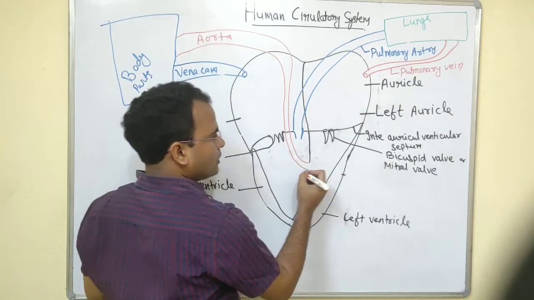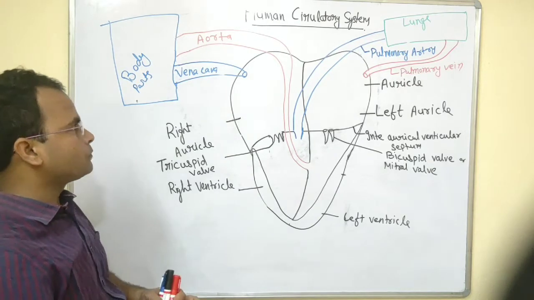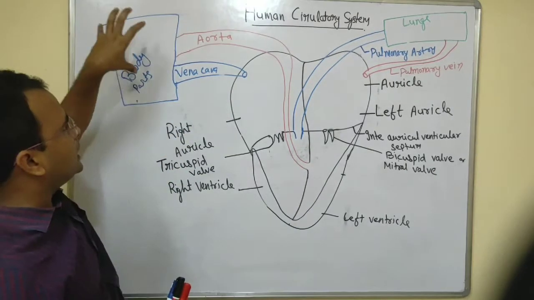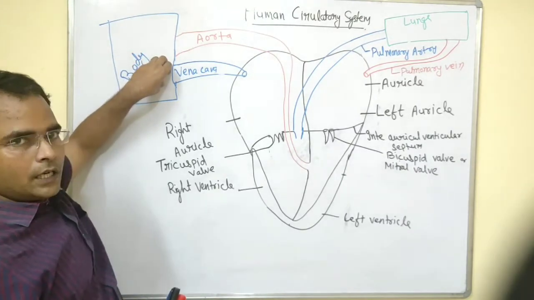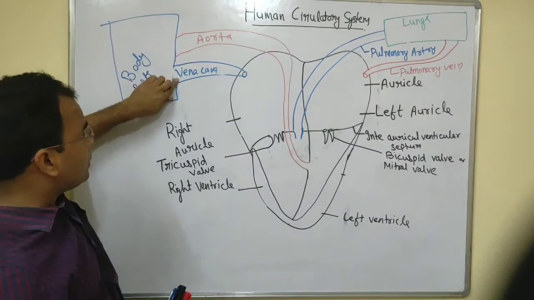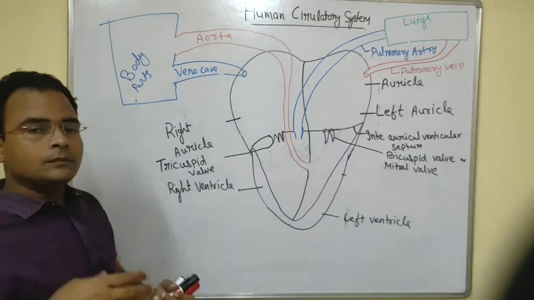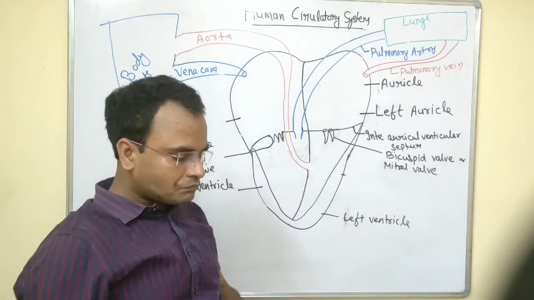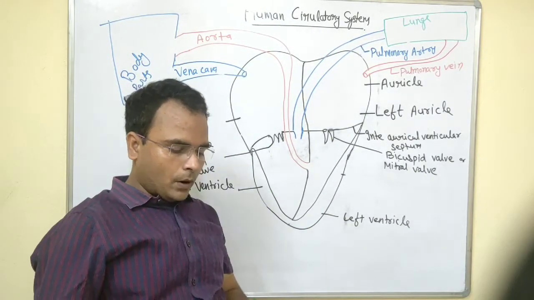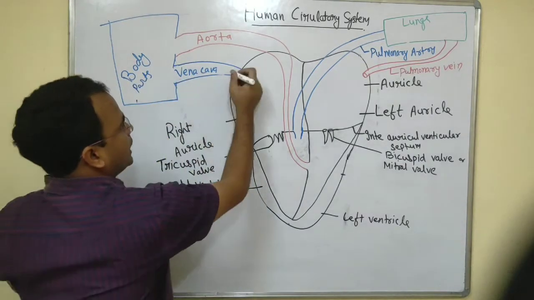So now the functioning of the heart, how it functions. You can see that in the body the impure blood is there. From the body, due to the oxidation and other processes, basically it is going for purification in terms of oxygen. So from the body, the deoxygenated blood came from the vena cava.